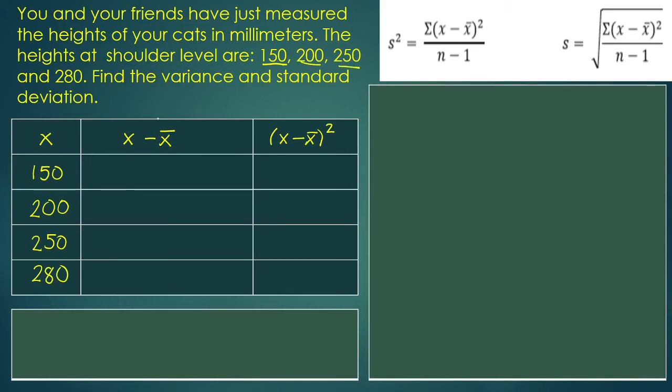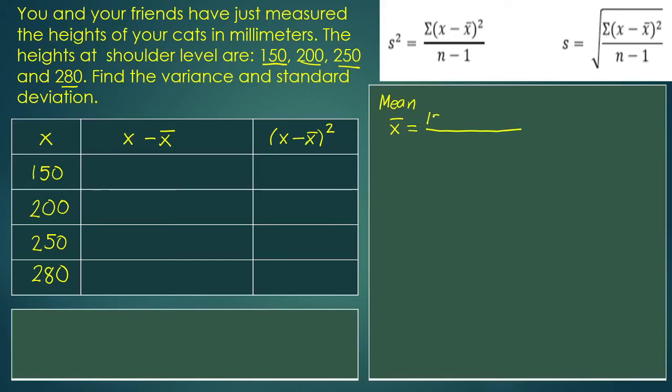Now, you cannot fill the second column if you do not have the mean. So the first thing that you're going to do is simply compute the mean first. And by computing the mean, how do you do that? You simply add all the x's.